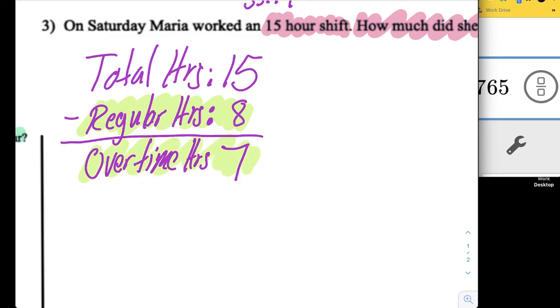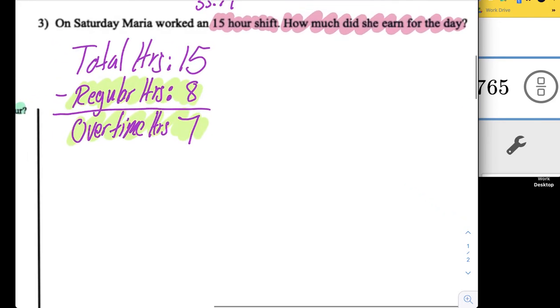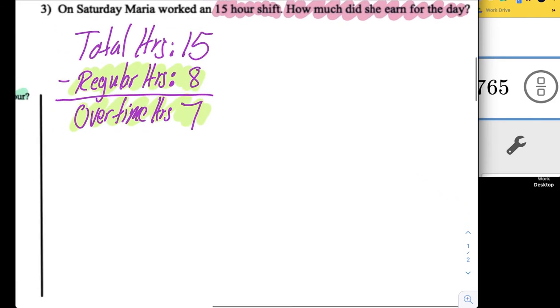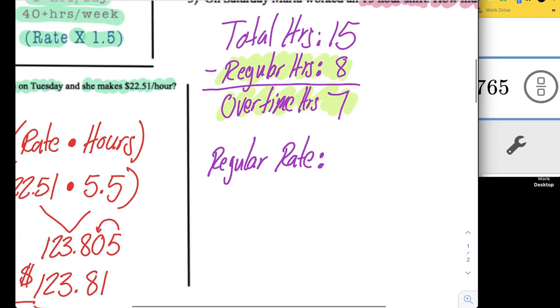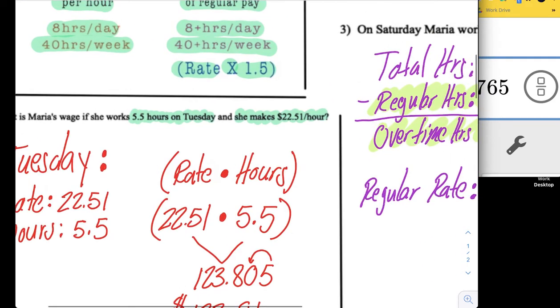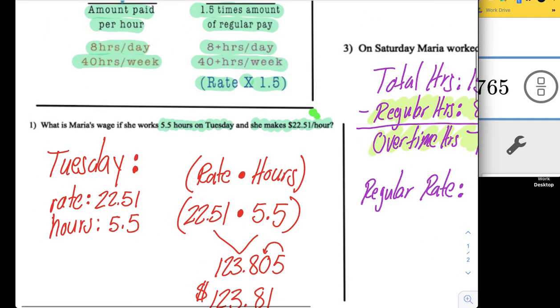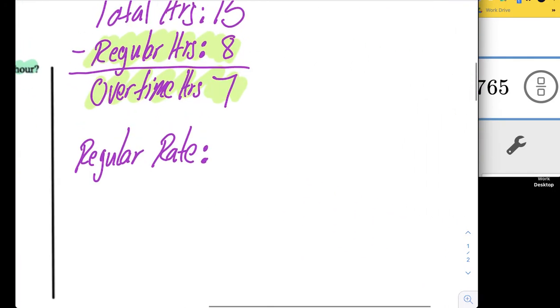So let's see our rates. What is her regular rate? How much does Maria make at her job for regular hours? Which is right here on number 1, $22.51.